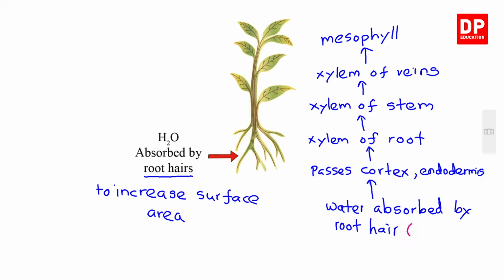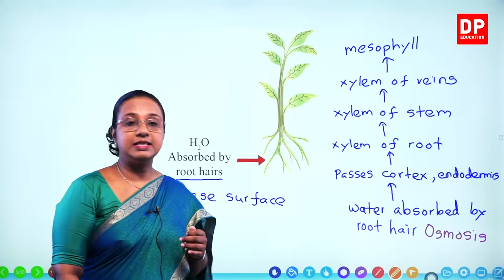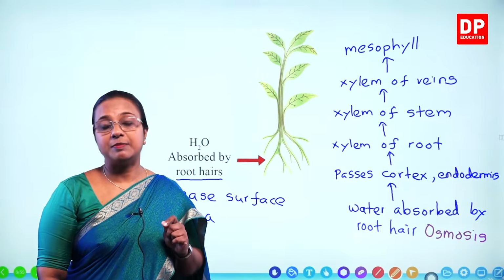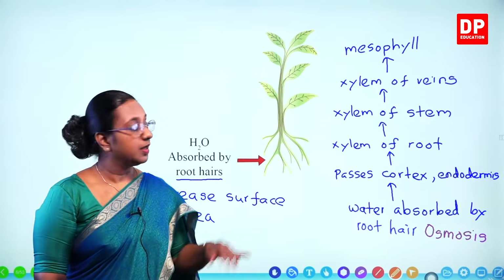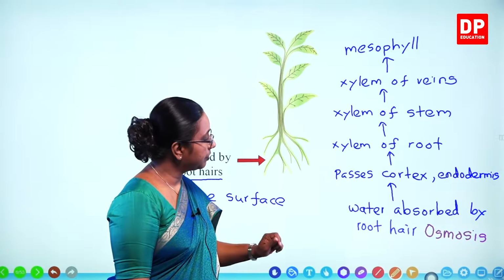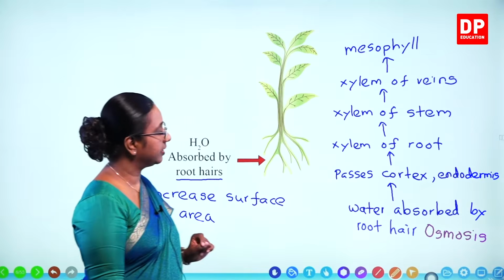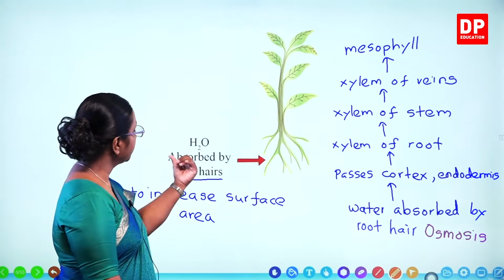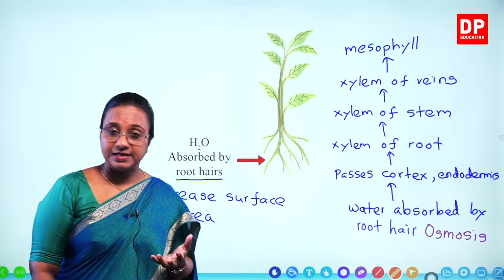We will not be discussing osmosis in detail, but you have to remember this word. Osmosis is the process by which water is absorbed by root hair. So this is one raw material.